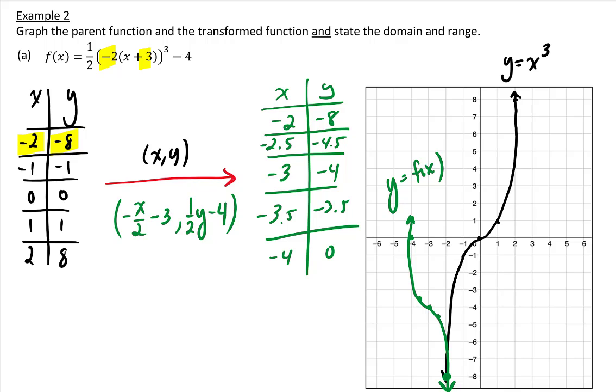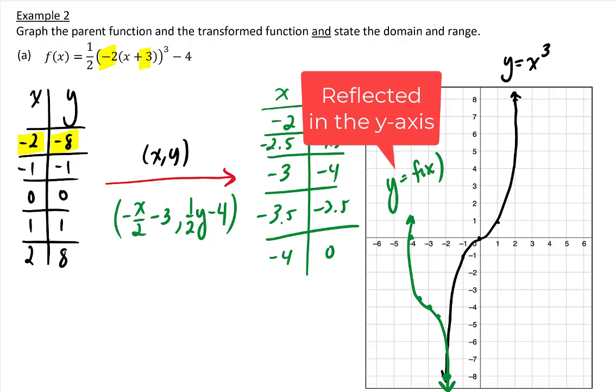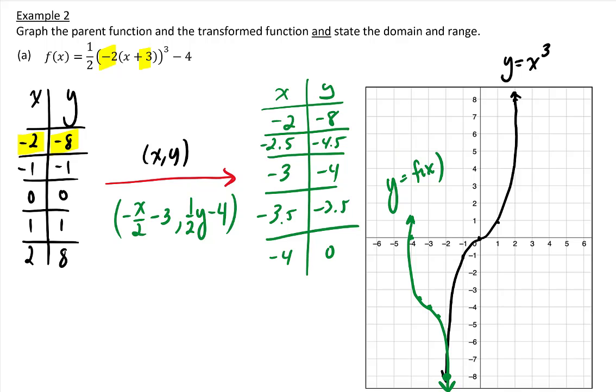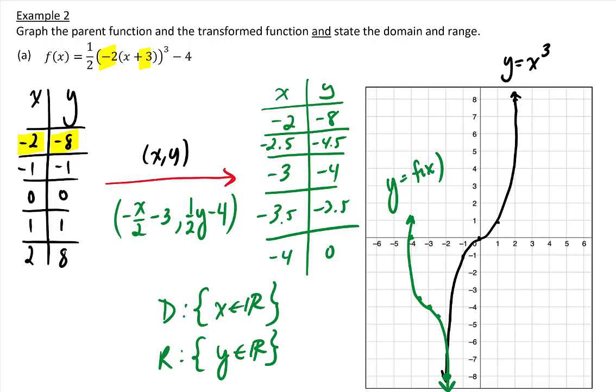And we can see that it's compressed by a half vertically, compressed by a half horizontally, reflected across the x-axis, and then shifted 3 units to the left and 4 units down. So let's state our domain and range. So for a cubic function, the domain is x is any real number, and the range is that y is any real number.